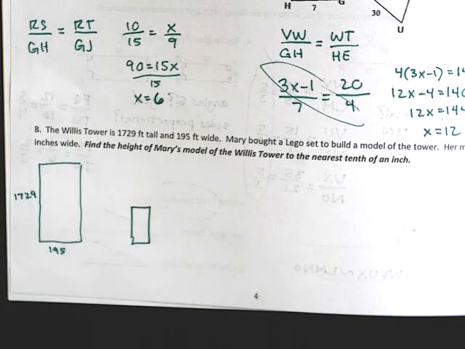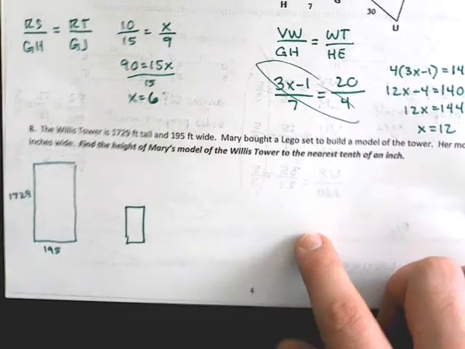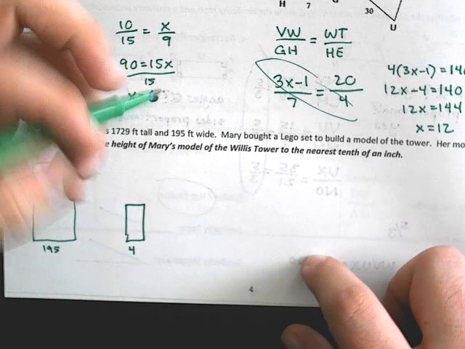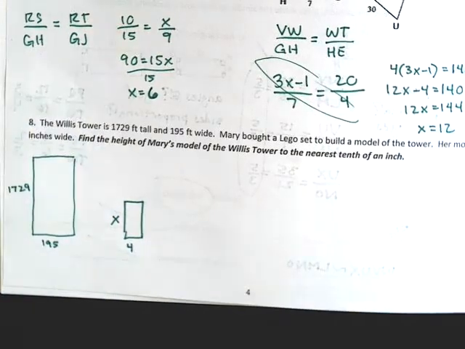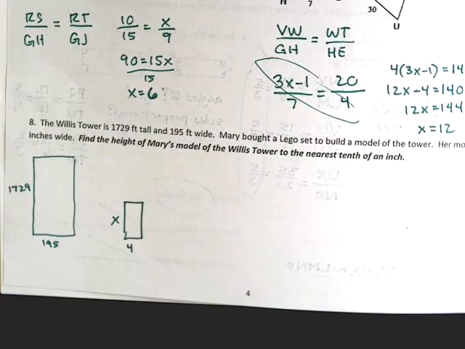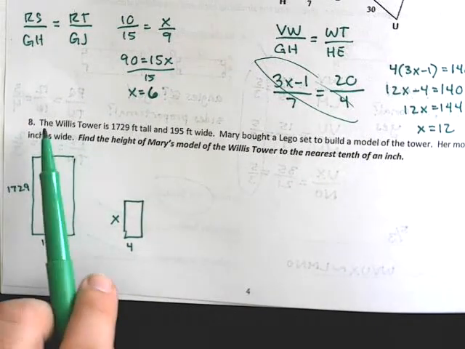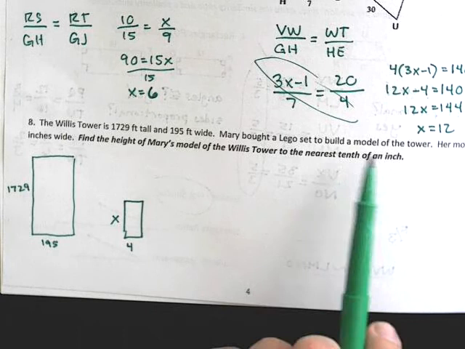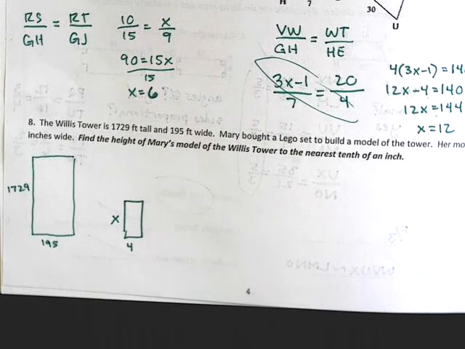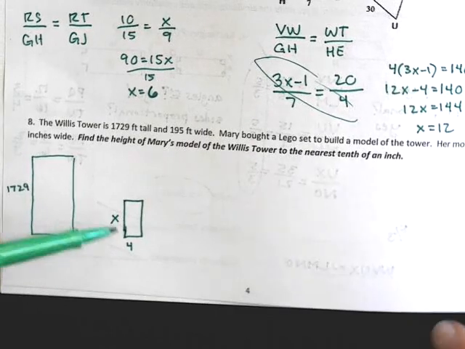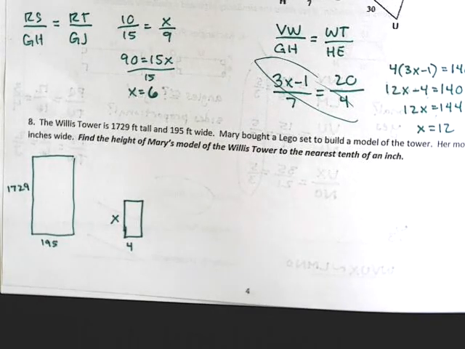So if I give you that the model is 4 inches wide, and we're trying to find the height, then I'm going to set up the problem just like that. Again, the actual Willis Tower and a model of the tower are going to be similar to one another. So we can just draw pictures and make sure to put a variable for what we're trying to find.